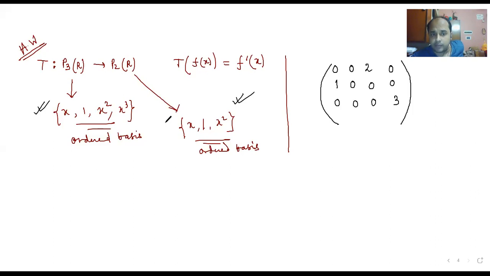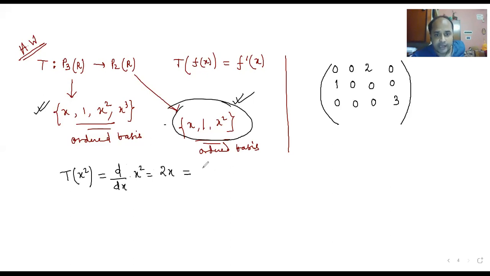When I am selecting x square, suppose I write Tx square. What is Tx square? Tx square equals d/dx of x square, which is twice x, and twice x will be written in terms of these items. So I can write it as 2 into 1 plus 0 into x plus 0 into x square.